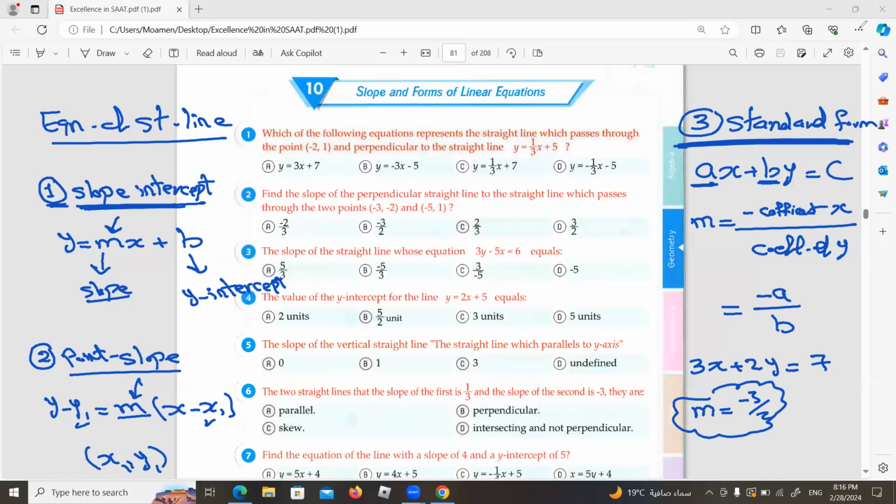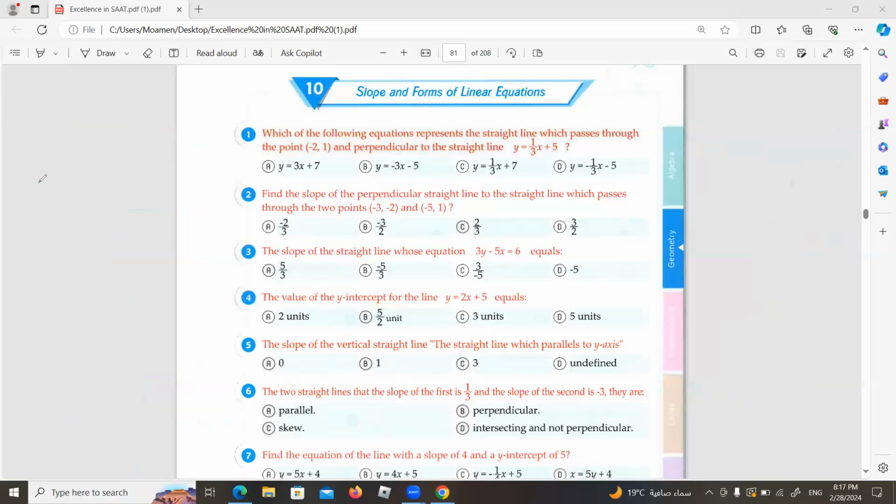Of course, now the last part in this lesson is the relation between two lines. If we have two lines, these two lines may be, number one, parallel lines. This is the sign of parallel.